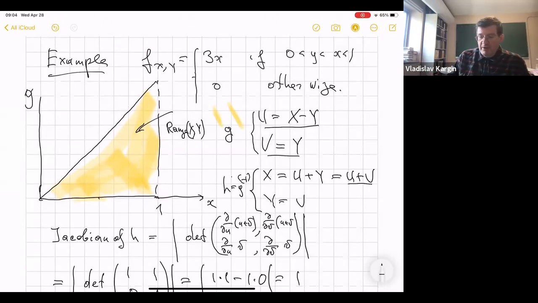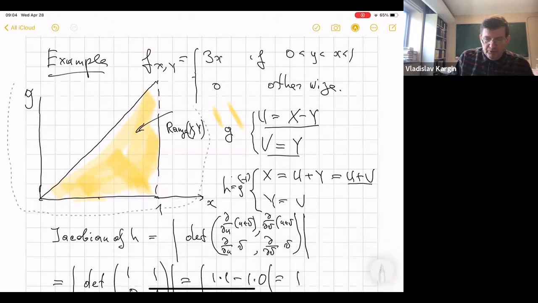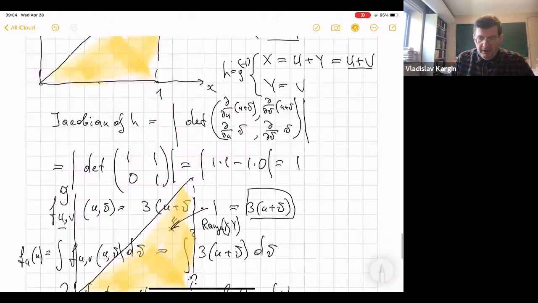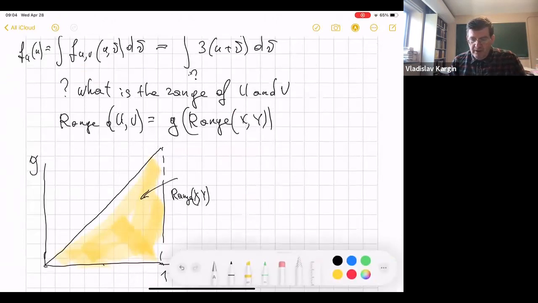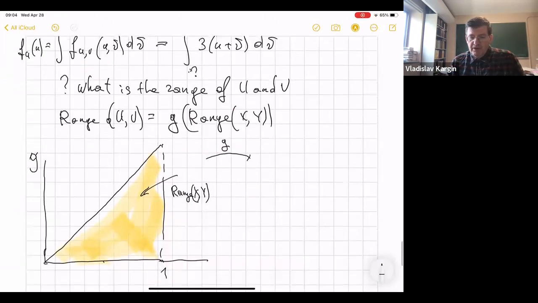So let us take this. Maybe I'll try to draw it. I'm not sure if I'll be able to. So this should be mapped by this transformation g.